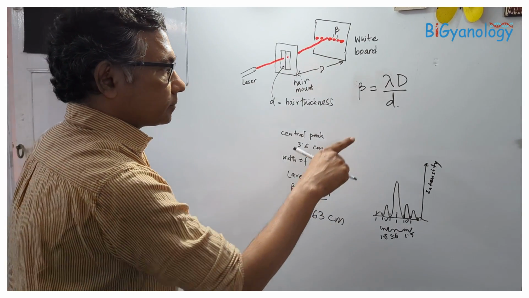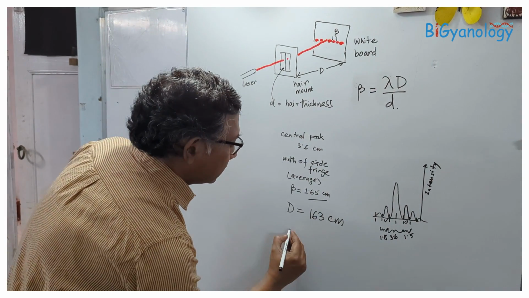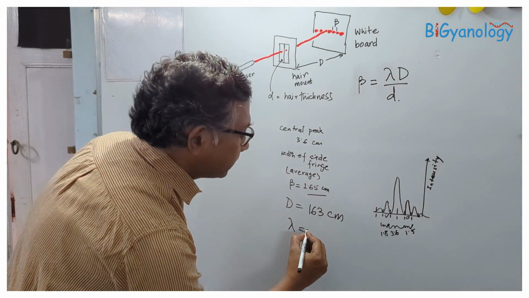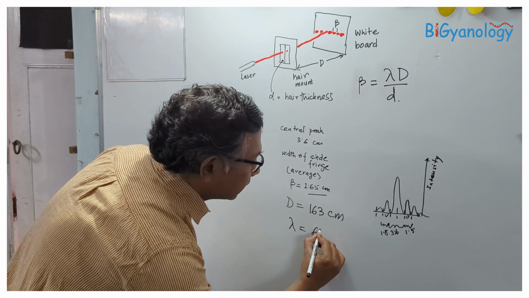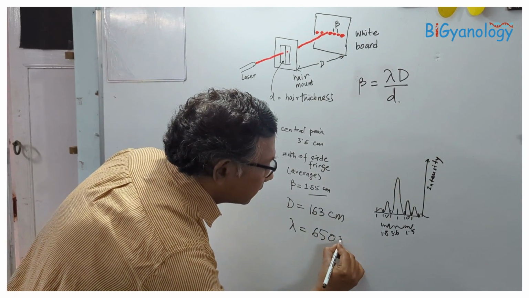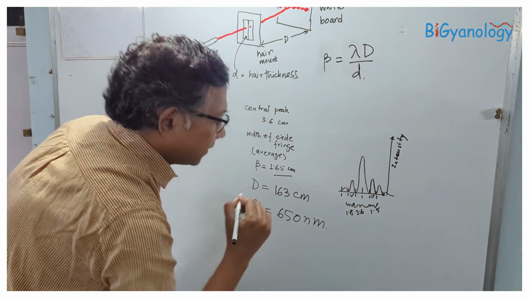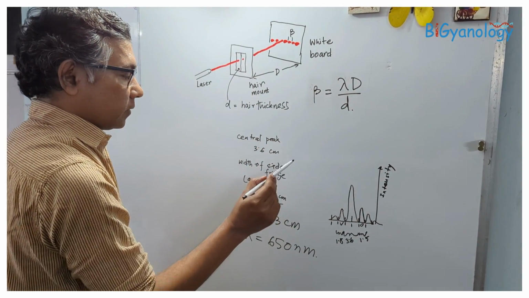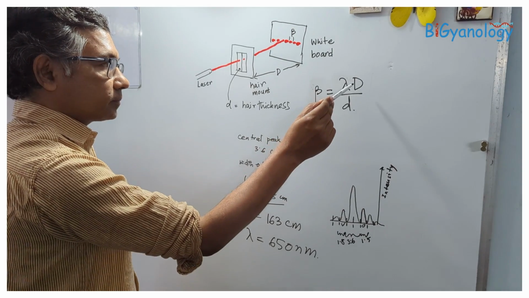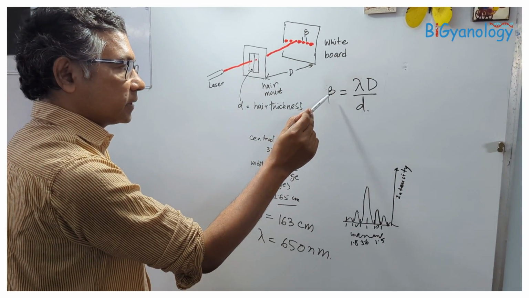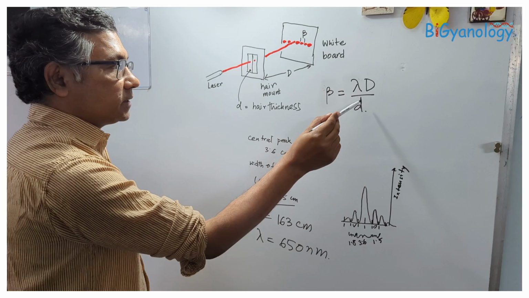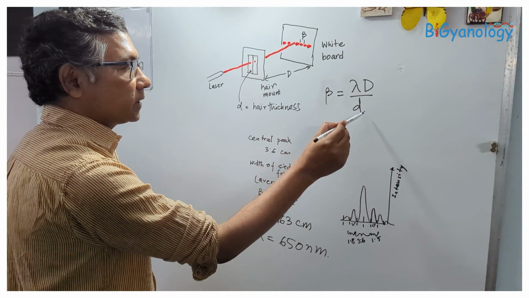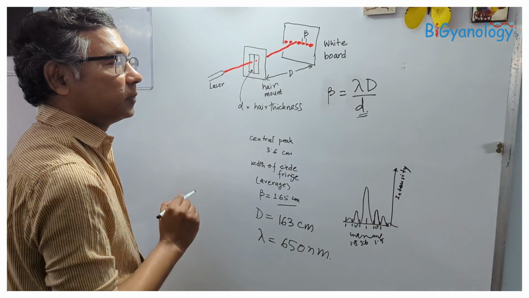And lambda, the wavelength for red laser light, we can look it up, and it is about 650 nanometers. So now we know lambda, we have measured capital D, we have measured beta. From this, inverting the formula, we will be able to measure the thickness of the human hair.